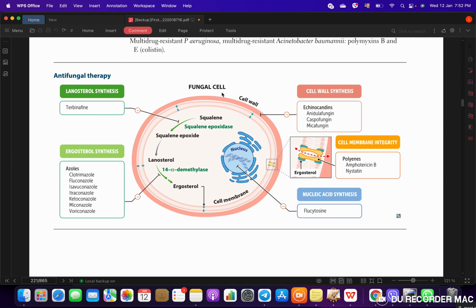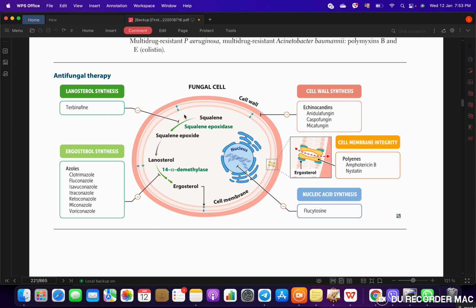So there are a few targets for us in a fungal cell. The first one is the DNA of the fungus, which can be attacked by a drug called flucytosine. Also, the ergosterol. We either destroy the ergosterol, block it, or we can prevent its synthesis.